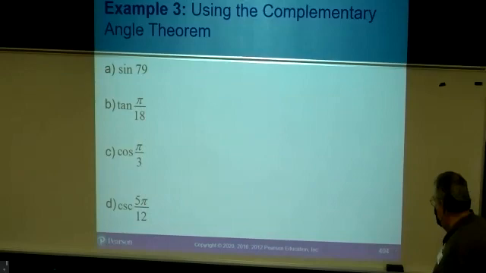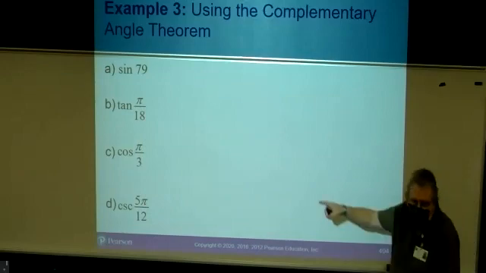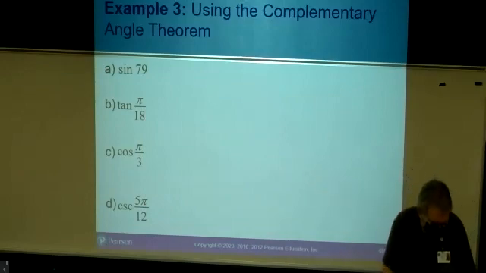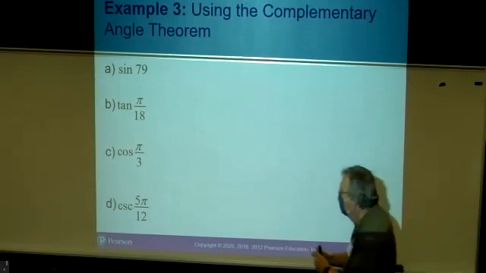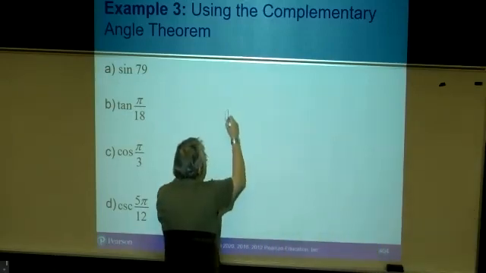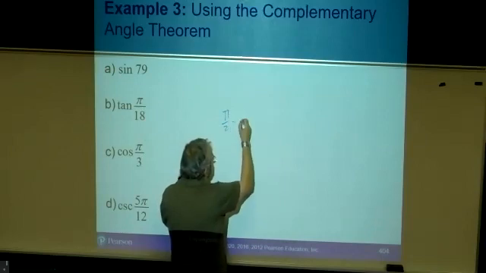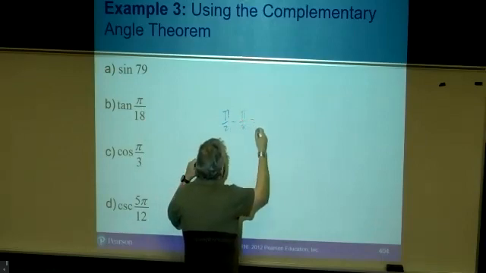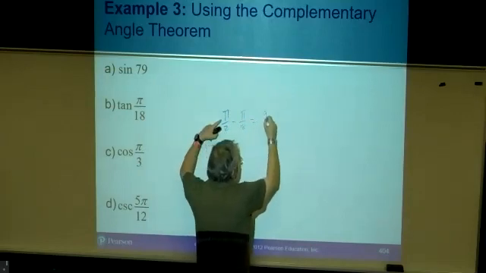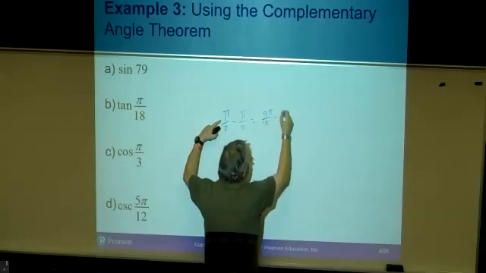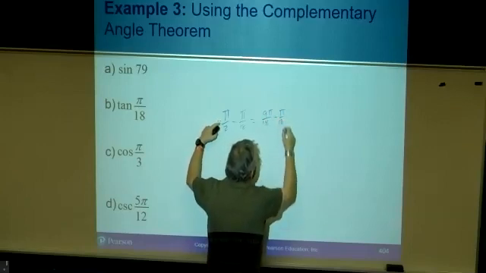You do pi over 2 minus pi over 18, which is 9 pi over 18 minus pi over 18.